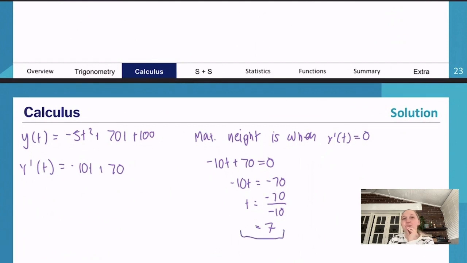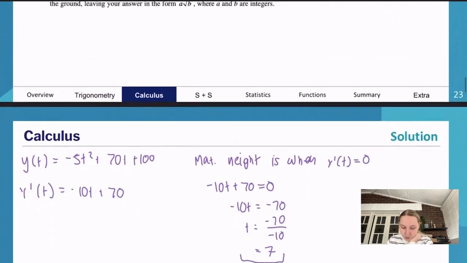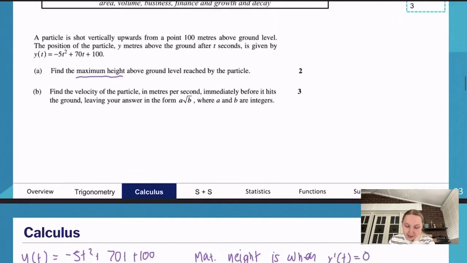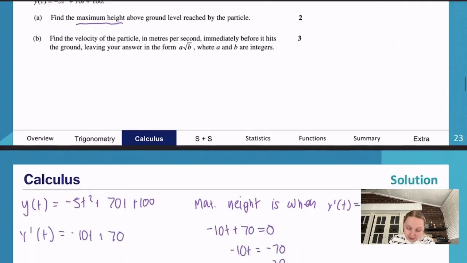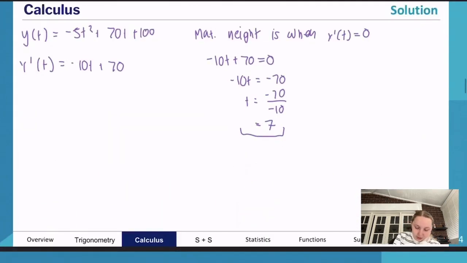It's really common for some people to forget that there is one more step in this process. Okay, so we found the value of t for which we're going to get the maximum height. But in order to find that height, we need to find y(t). So we're going to find y when t is equal to 7, so y of 7.